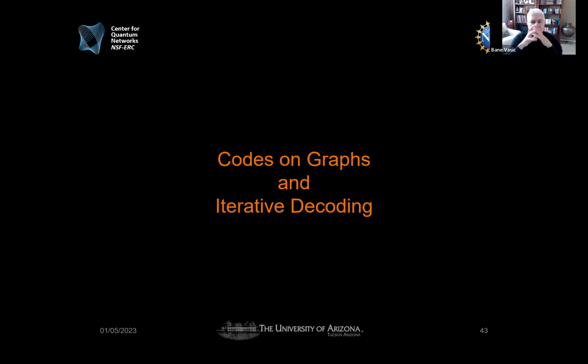So in the next couple of slides, I'll try to explain how we decode these codes on graphs. The most important class of these codes are so-called low-density parity-check codes. Later on, Narayanan will also talk about surface codes, and these codes can also be represented as codes on graphs.